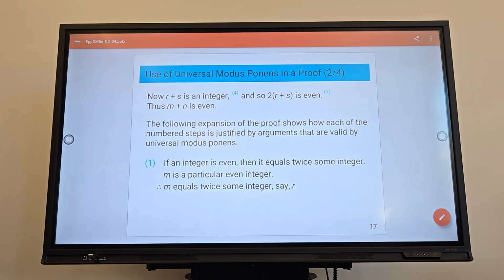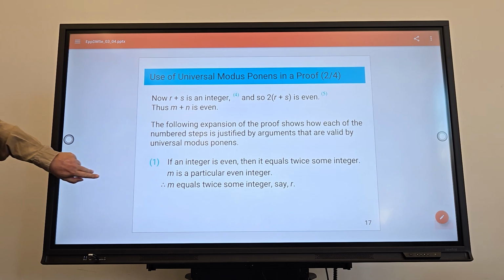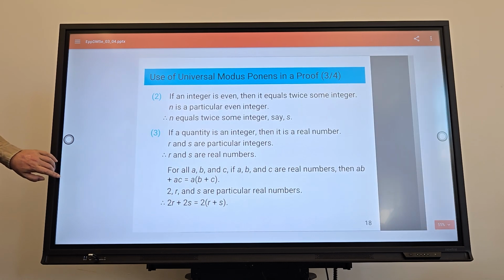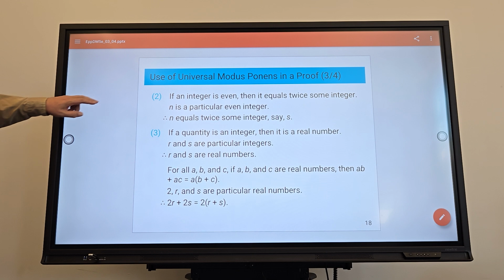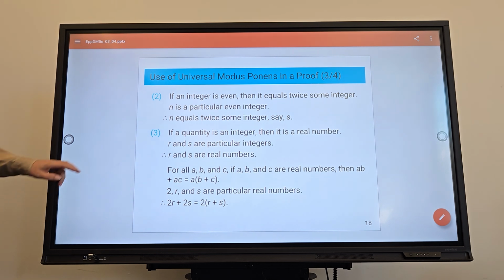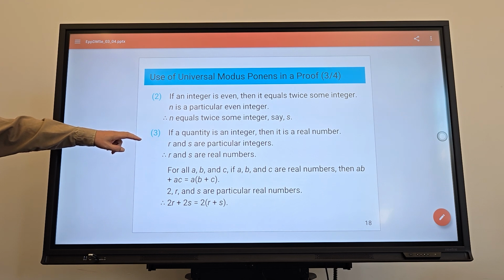Let's see here. This is the expansion of the proof. Universal modus ponens is used in the first section of the proof. Modus ponens again in the second step of the proof. And third is another universal modus ponens.